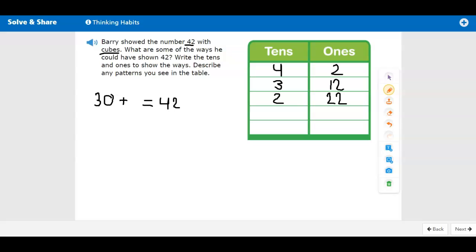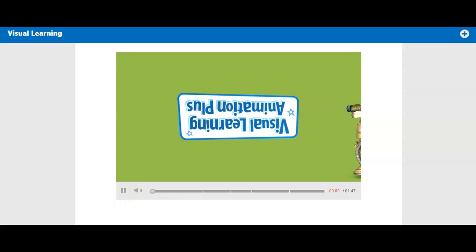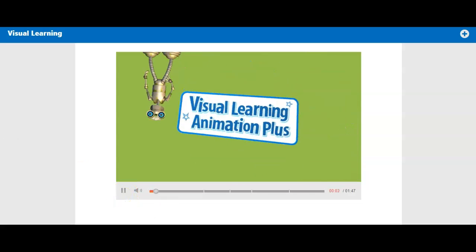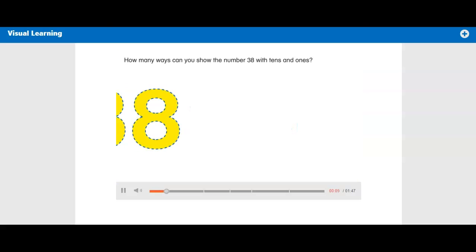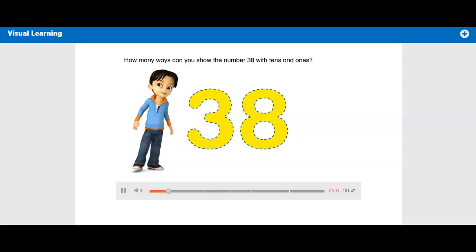Now let's watch our animated video to help us follow along the top of our workbook page 350. How many ways can you show the number 38 with tens and ones?